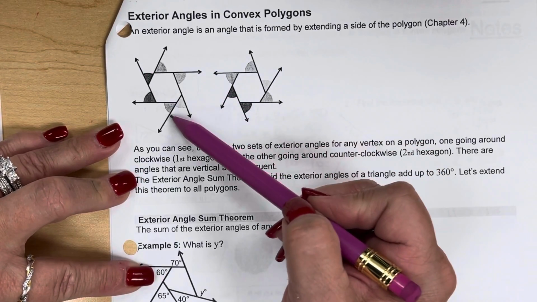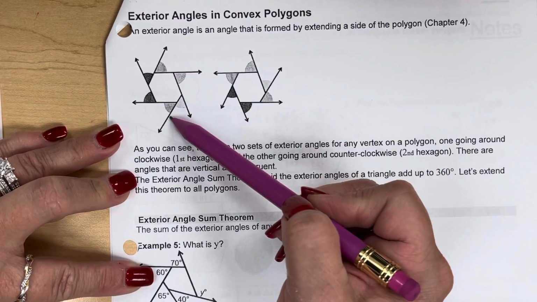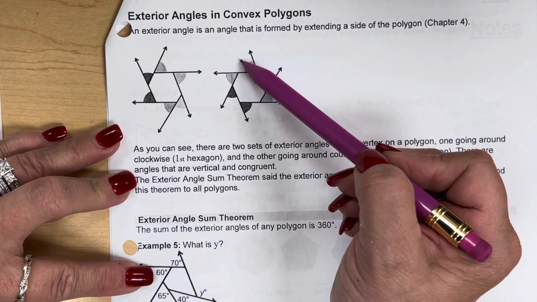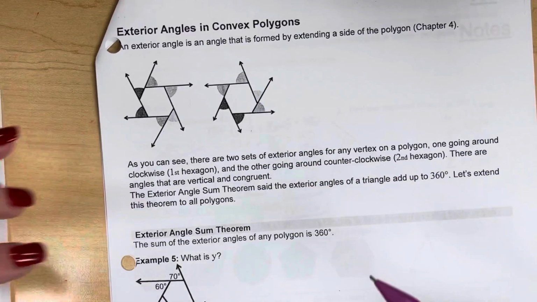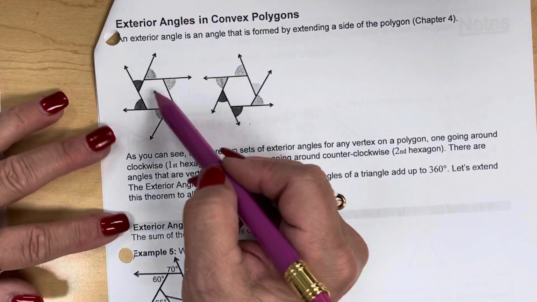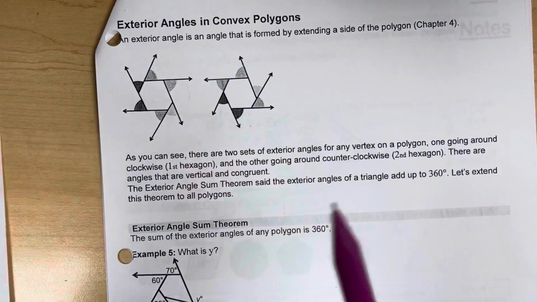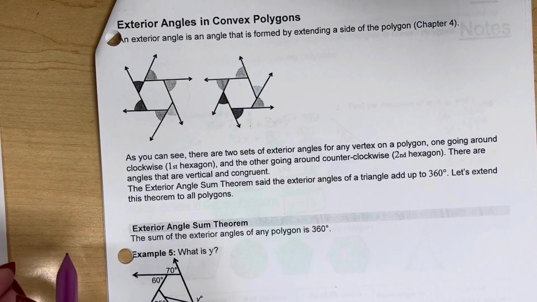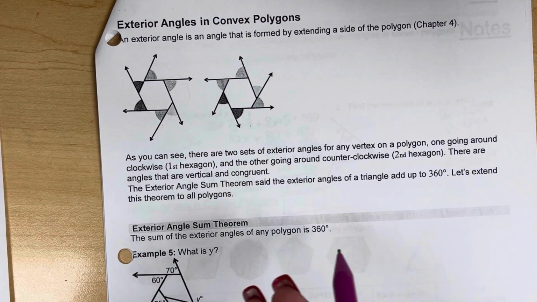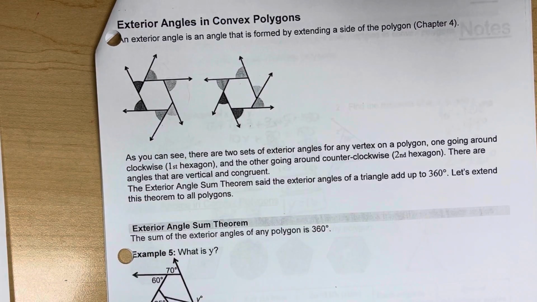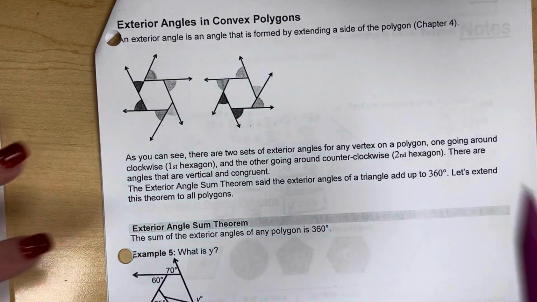This is clockwise exterior angles, and this is your counterclockwise exterior angles, okay? And what happens is you have these different angles out here, and you end up getting a situation where you would have vertical angles, okay? And so what we're going to do first is number them.